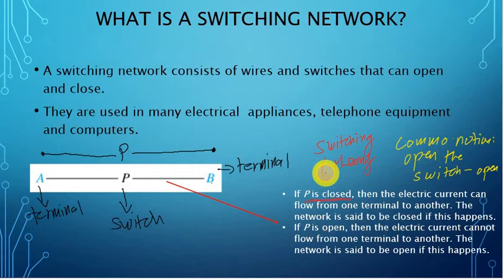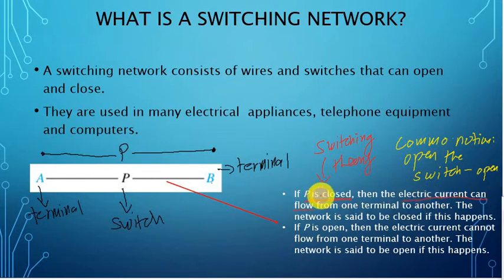So we have to take note that if P is closed, then the electric current can flow. So this is not our usual open and close wherein if it's closed, the current is not flowing, hence the device or the appliance is not working. Here, if it's closed, then electric current can flow.